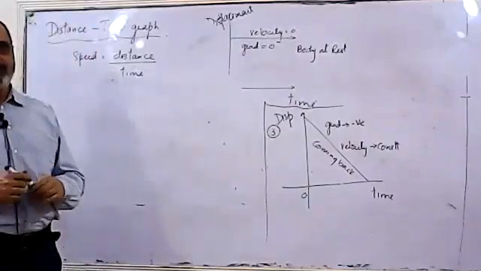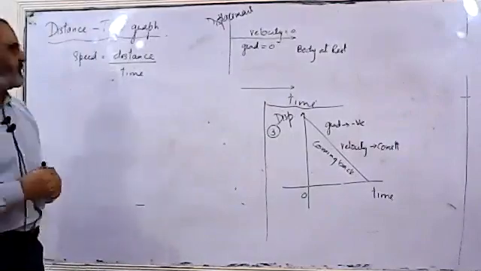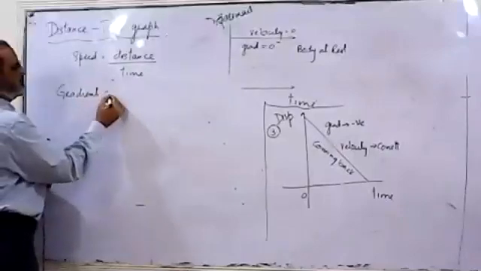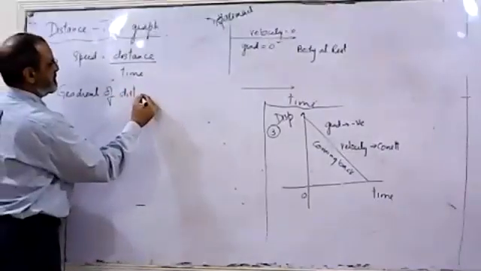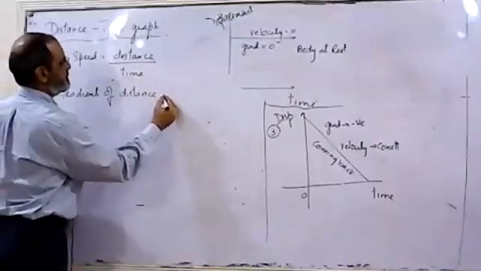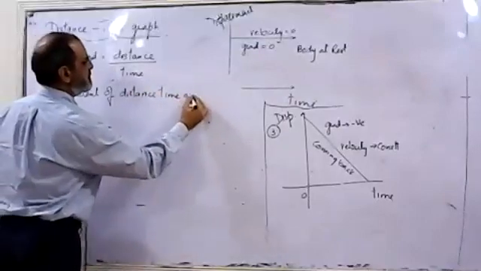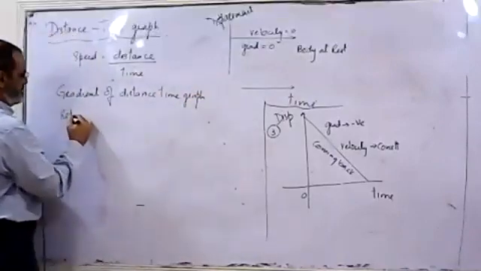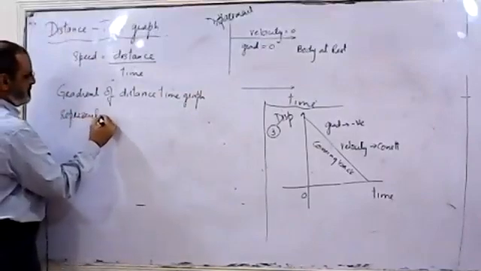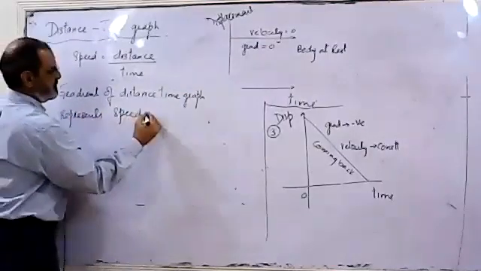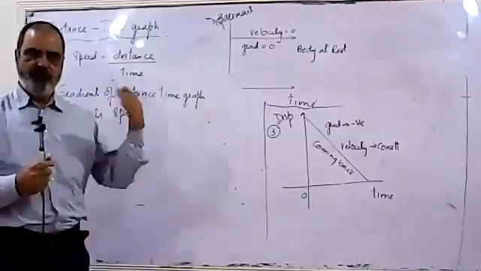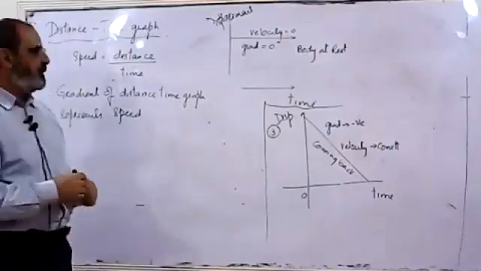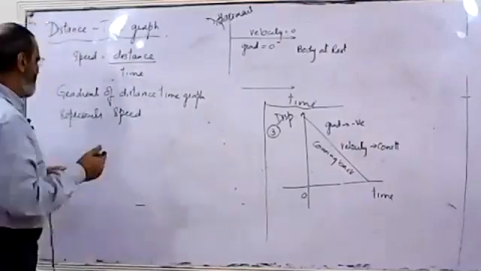So the gradient of a distance time graph represents speed. The displacement time graph was representing velocity, and the distance time graph represents speed. Otherwise, all the techniques are the same.